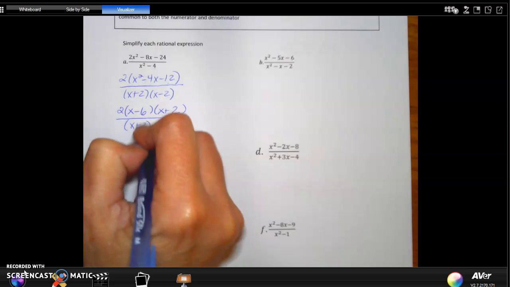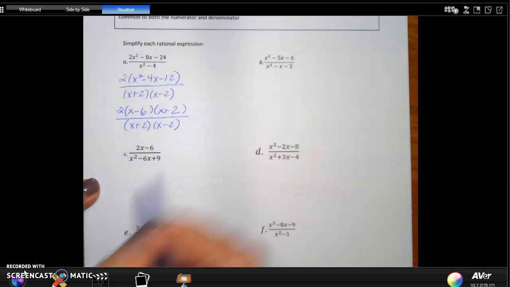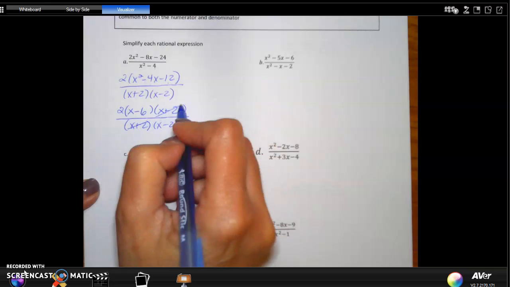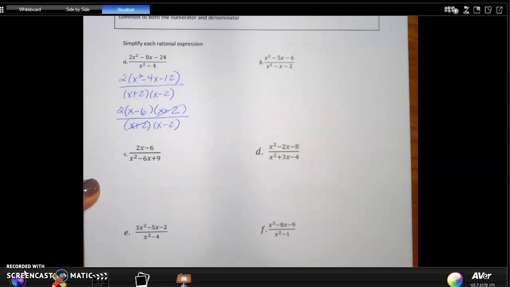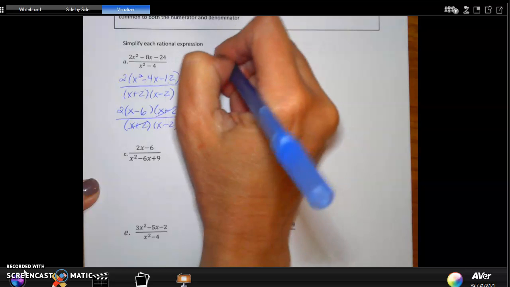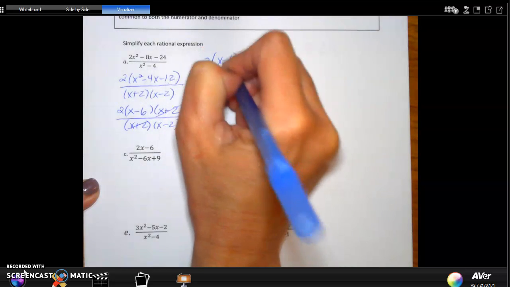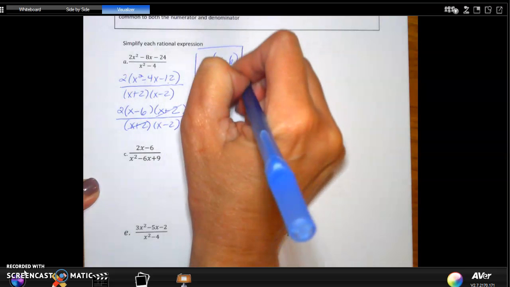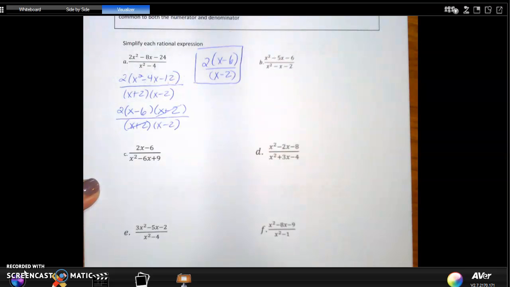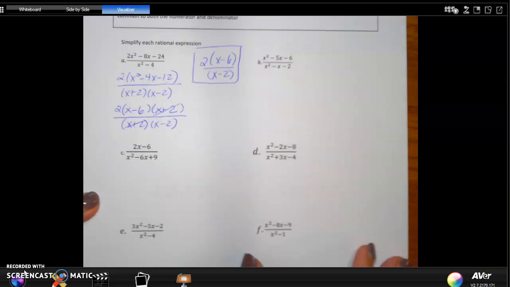Then we bring the rest of this problem down, and we see that we can cancel out the x plus 2's. So our final answer here is 2 times x minus 6 on the top and x minus 2 on the bottom. So it really is just a matter of making sure you're good with your factoring and then canceling out whatever you see that's in common on the top and the bottom.